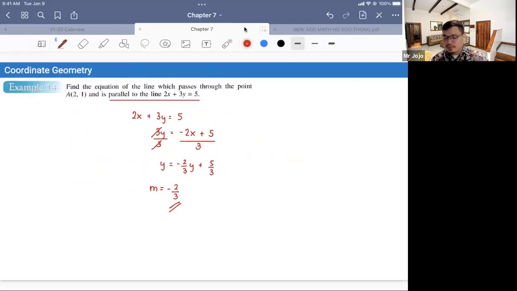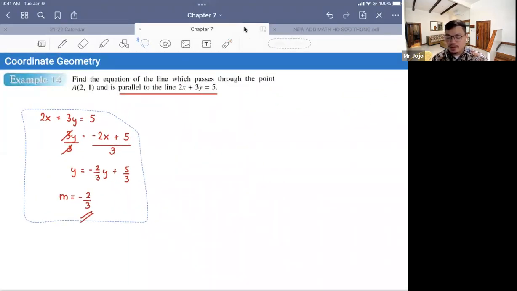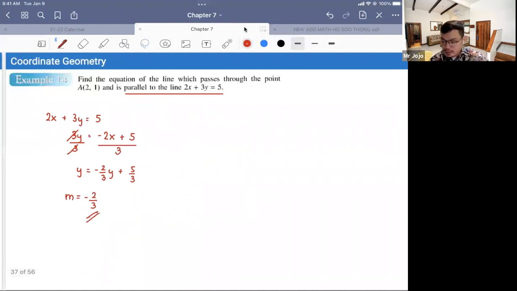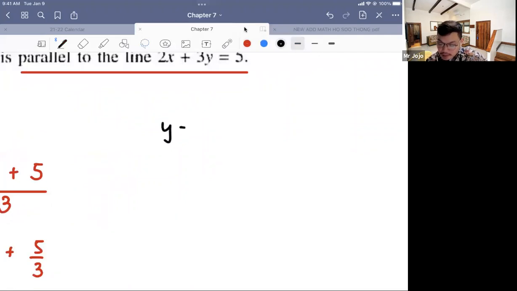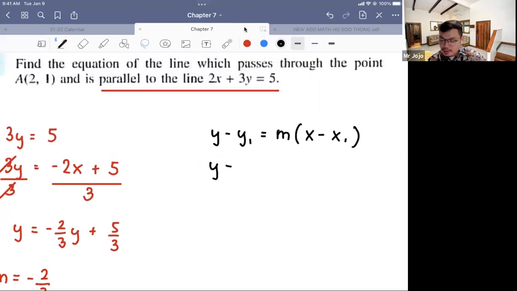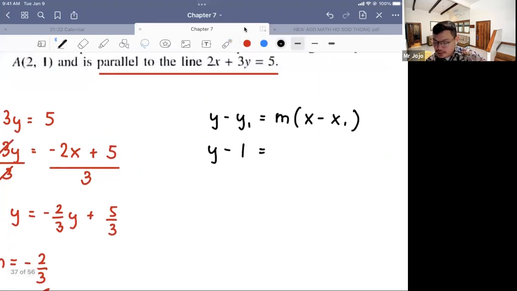So from there, you can now find the equation of your line. The equation of the line is y minus y sub 1 equals m times x minus x sub 1. So y minus, what's the point? It's (2, 1). So y minus 1 equals m, which is negative 2 thirds, times x minus 2.